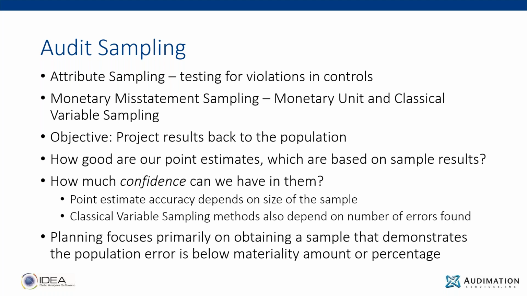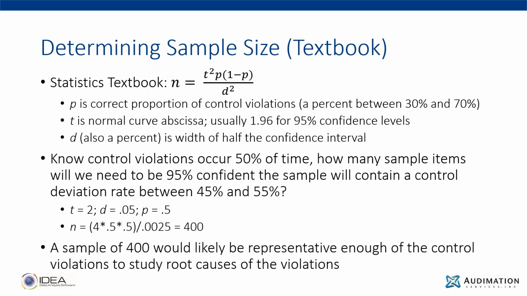In audit sampling, our planning is going to focus primarily on obtaining a sample that demonstrates the population error is below some materiality amount or percentage. Now, in determining sample size, if you go back to your statistics textbooks in college, you might see a formula like the one listed here.